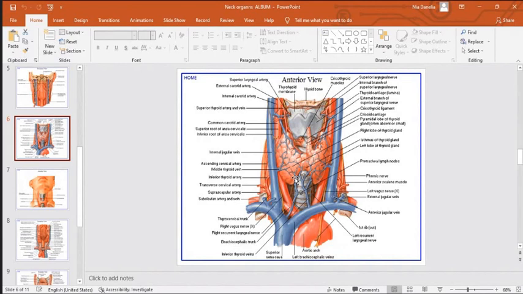Also, in 20% of bodies, the thyroidea ima artery may be located in this space. We have said that the thyroid gland is supplied by two superior and two inferior thyroid arteries, but in 20% of cases the gland is supplied by an additional artery, the thyroidea ima artery.